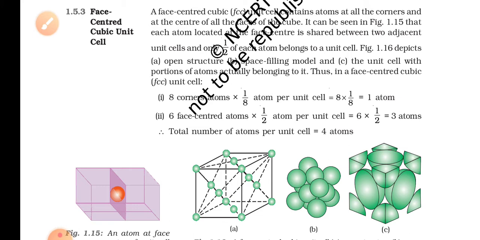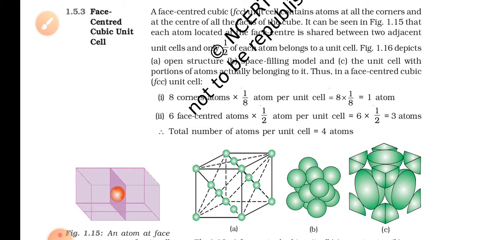Today we'll be trying to understand how to calculate the number of atoms per unit cell in a face-centered cubic unit cell. Now, first of all, we have to understand what a face-centered cubic unit cell is.